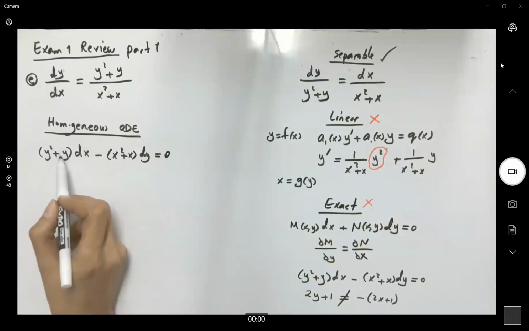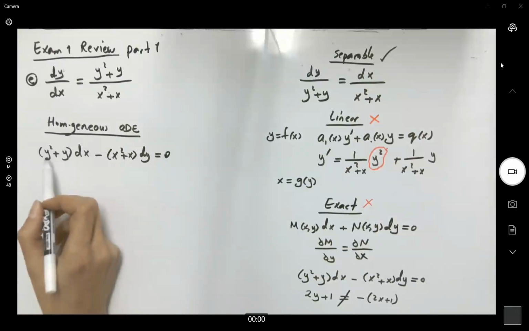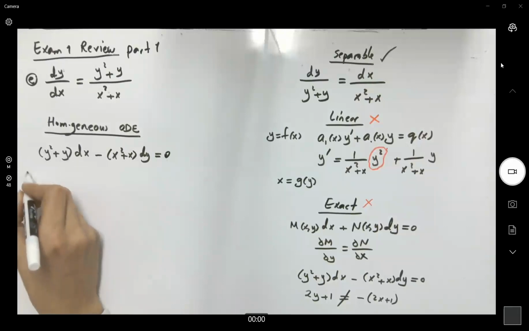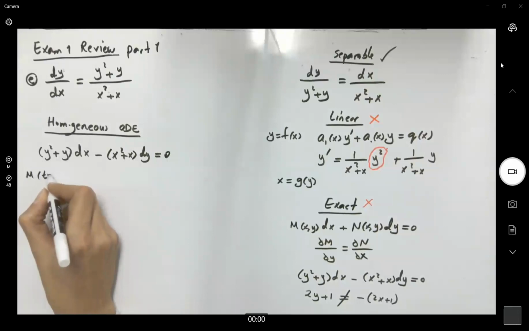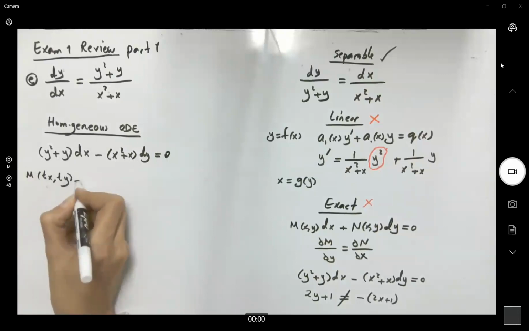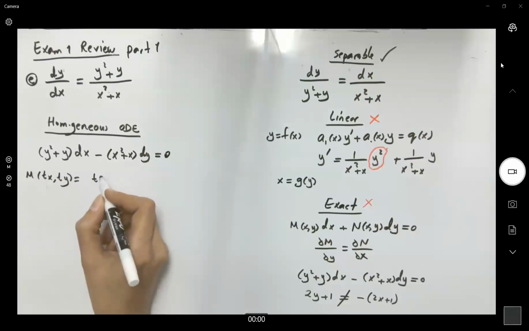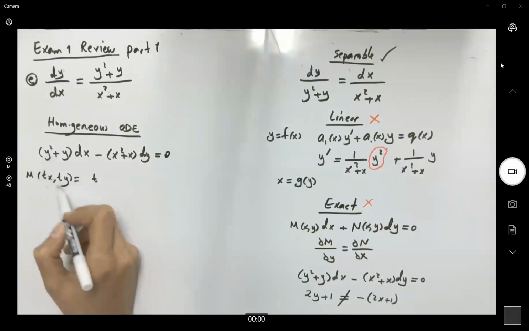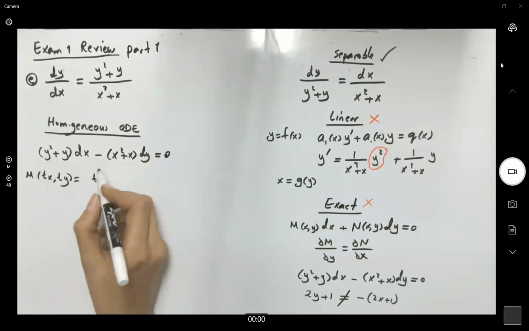Very well. You could see that, hey, you have y squared and here you have y, so you cannot factor out the appropriate t to isolate y squared plus y on one side. Let's take a look at this in detail. Replace x and y with tx and ty. Since we don't have any x here, we just substitute ty for y.